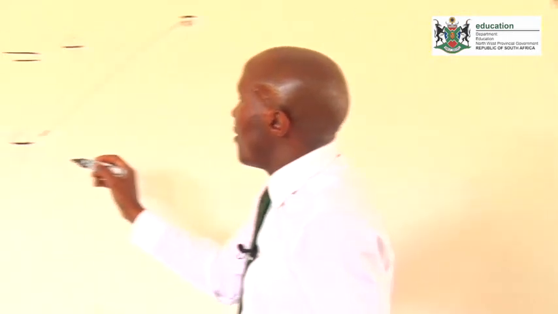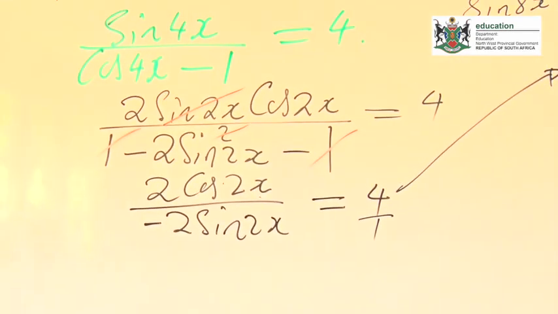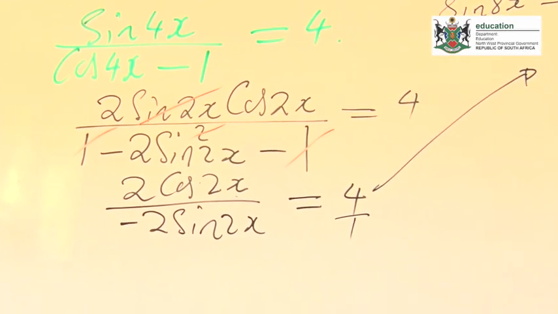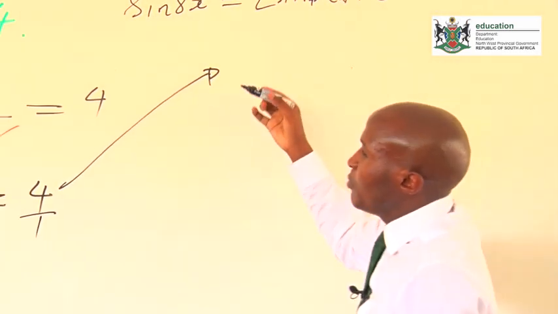So we need to be a bit clever. But you remember in grade 10, you learned about cos over sine. You don't need to worry. We can cross multiply so that we have sine over cos. Let's cross multiply quickly.